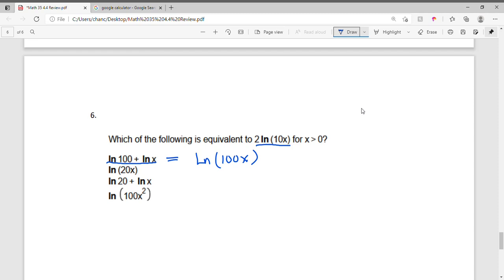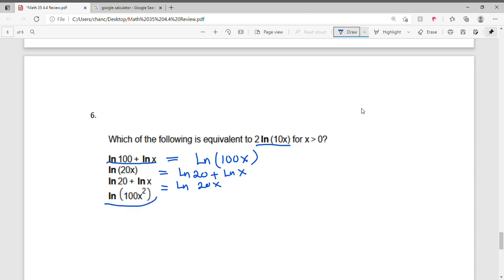For the second expression, this is equivalent to the natural log of 20 plus the natural log of x. That's using the product rule again. So that doesn't really look similar to our original expression. So let's go on to the next one. I can combine these, and that's natural log of 20x for the third one.